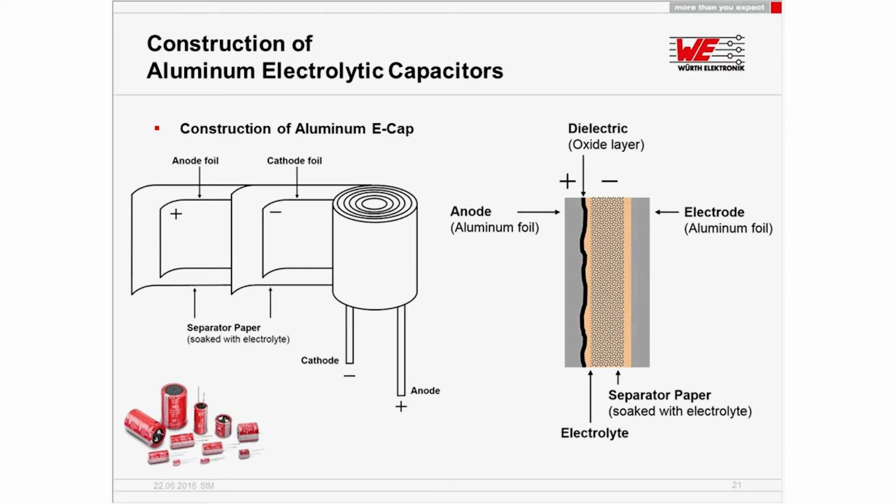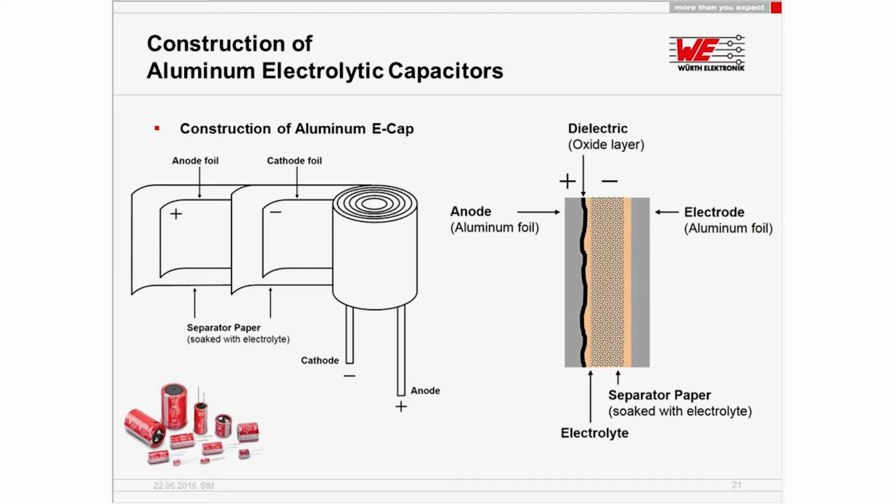On the right hand side you see on the anode that there is an oxide layer applied, and this is a real dielectric material. So as stated in the slides before, the dielectric is every time an oxide layer on the anode material in the case of an electrolytic capacitor. For the cathode foil, this name is not so perfect, because yes, it's on the cathode side, but it is not the cathode itself. It's just for conducting from cathode to pin, because the cathode itself will be the electrolyte.